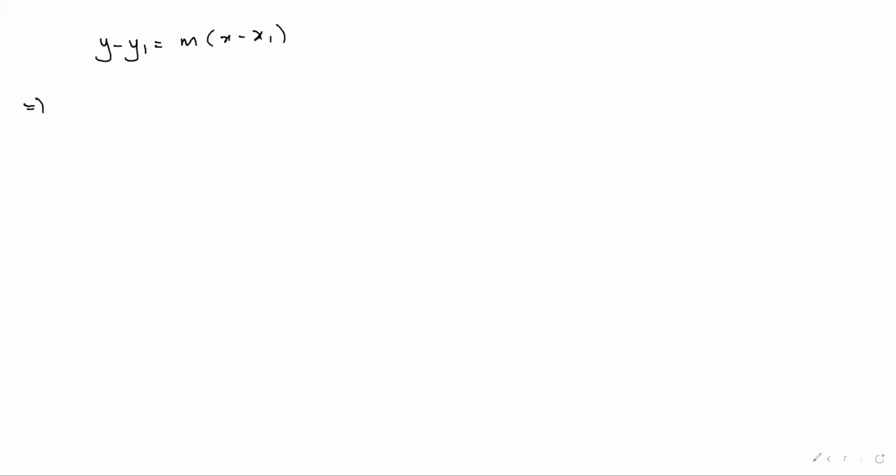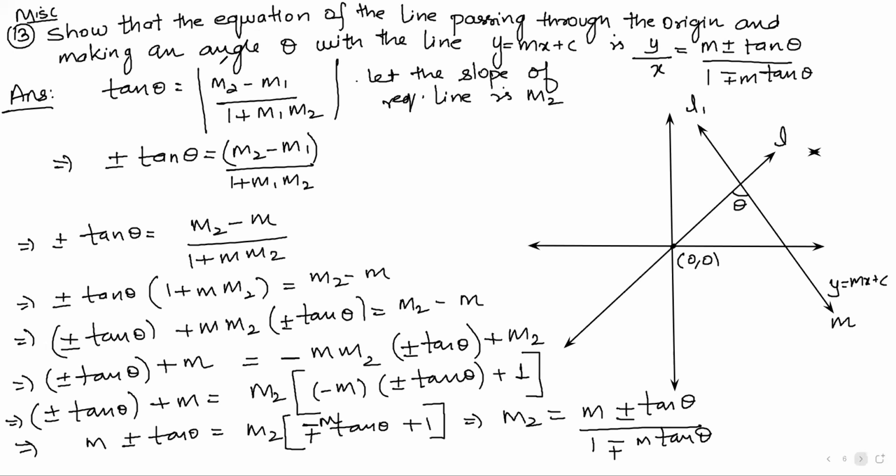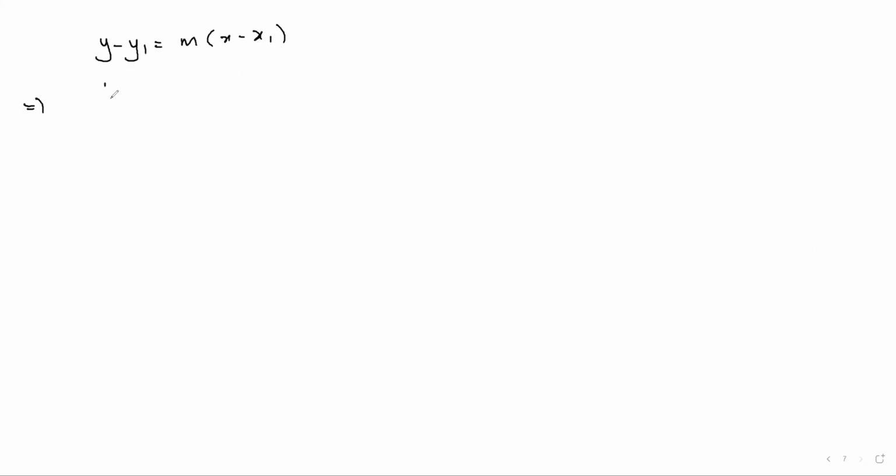So in the question it is given that the line is passing through the origin. Okay, so in place of x1 and y1 we can write the origin. So this will give us y minus 0 is equal to m into x minus 0.